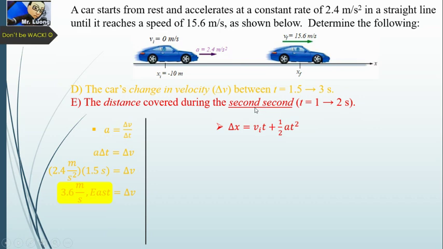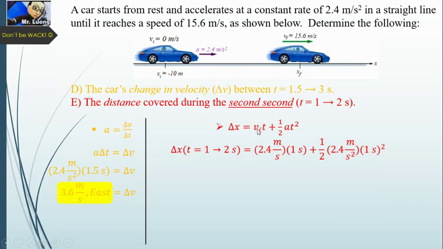This type of wording is essential to your success in being able to know what the starting time is and the ending time. Okay, so the second implies that you need to start at 1 and go to 2. So let's go ahead and do this. You can apply the displacement function again from 1 to 2 seconds.